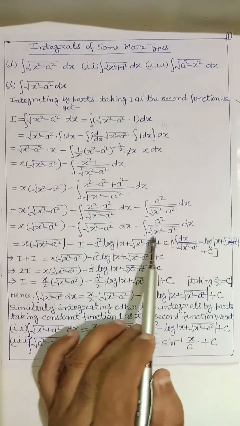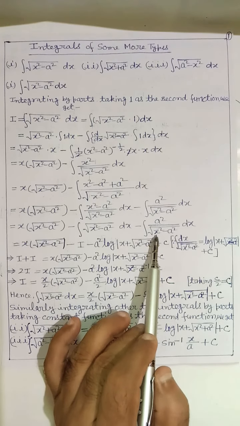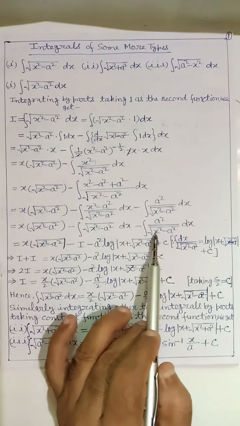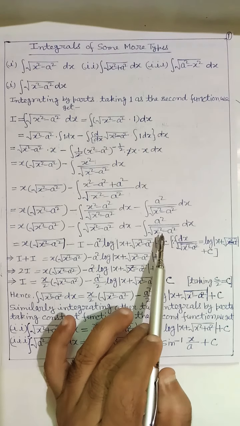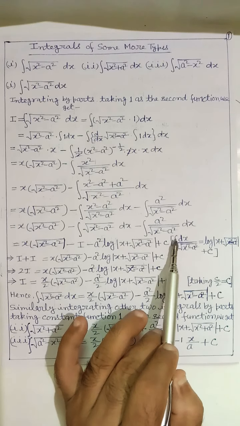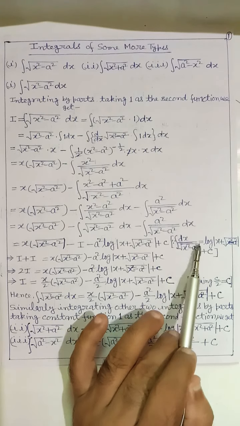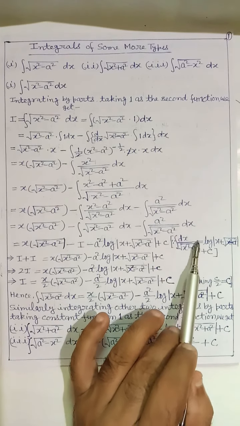So here we use I minus, this is in the standard form, like integral of 1 by square root of x square minus a square dx.